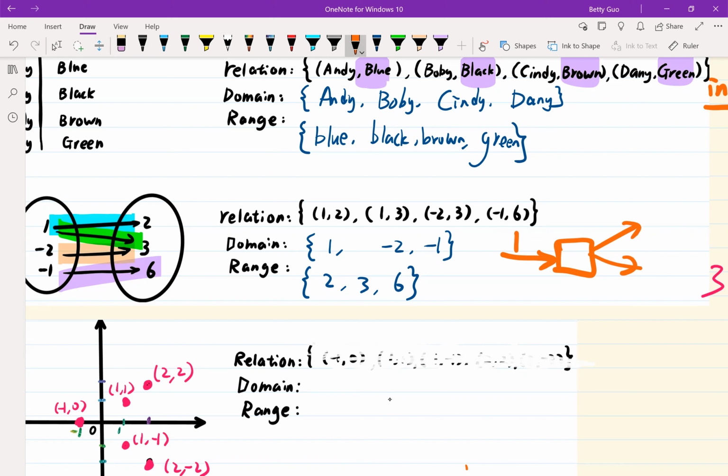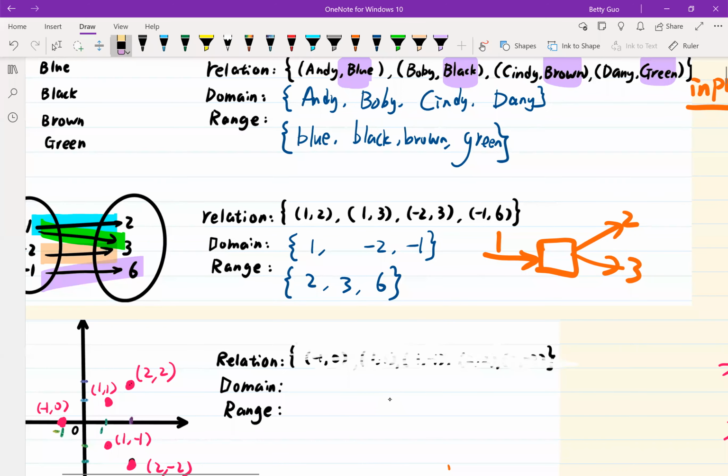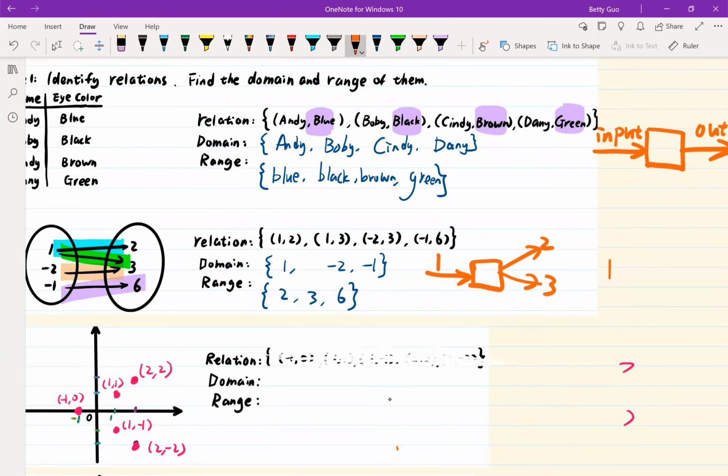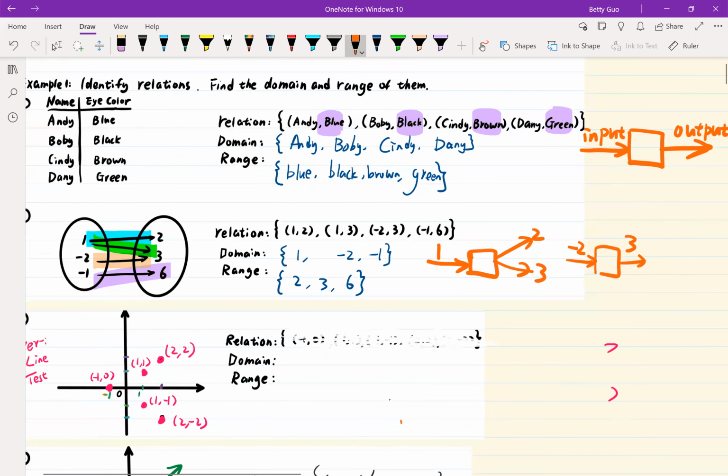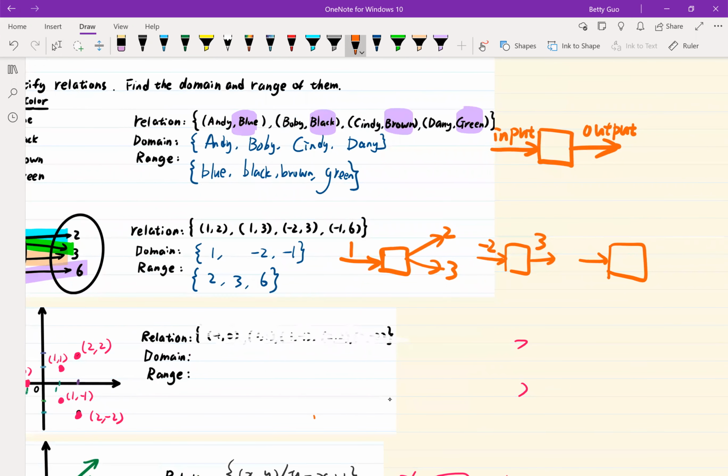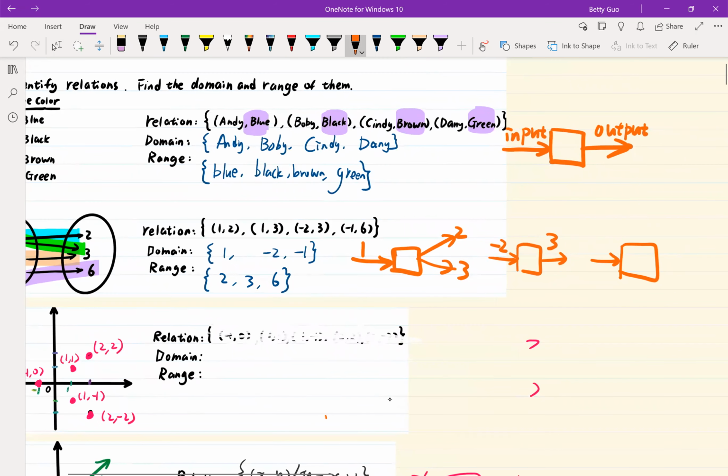If the input is 1, it actually has 2 different outputs, right? You see that? So if you give the machine input -2, the output is 3. Correct? If you give the machine input -1, the corresponding output is 6, right?